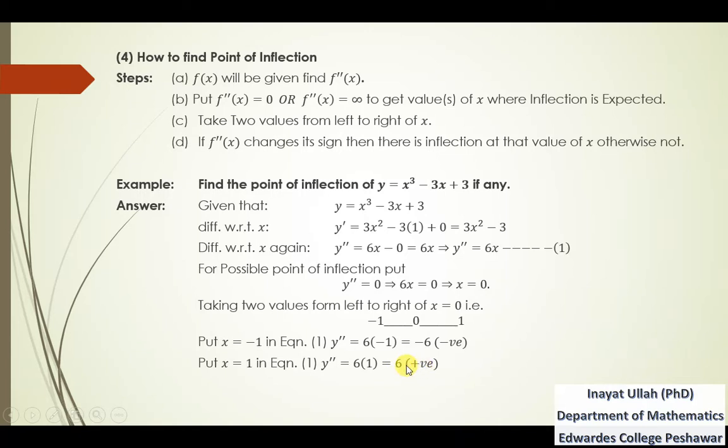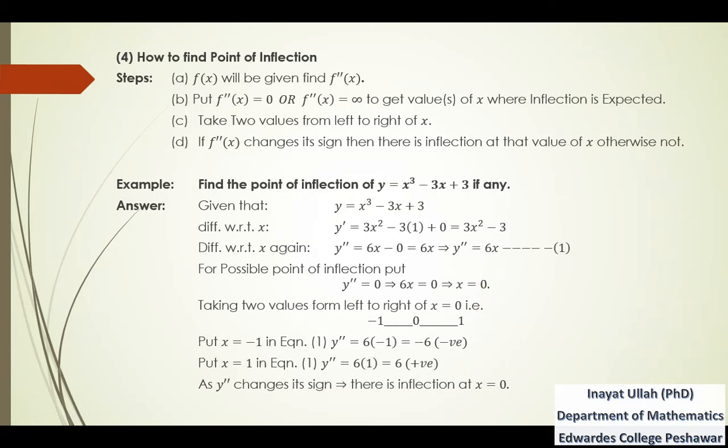So we see that y double prime, or f double prime, changes its sign. This is negative and this is positive. So y double prime changes its sign, which means there is an inflection at x equal to 0. That is how to find a point of inflection.